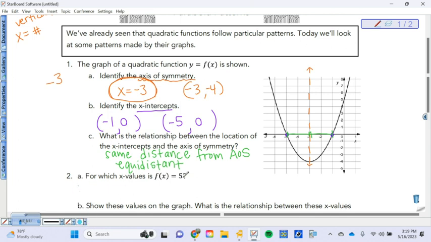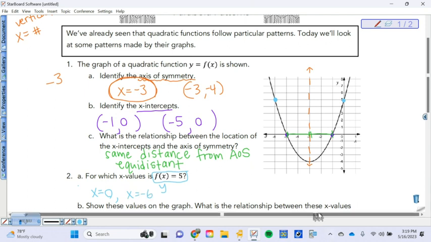For which x values is f of x equal to 5? Remember, f of x is just like saying y. So where on the graph do we have a y coordinate of 5? 0, that's this point right here. Where else? And -6, exactly. So when x is 0 and when x equals -6.